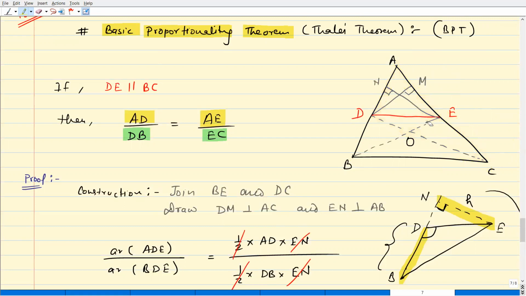So now you should have some experience. If I keep EC as the base, what will be the height for this triangle? Tell me. DM, right? DM, yes. So if EC is the base, DM will be the height.